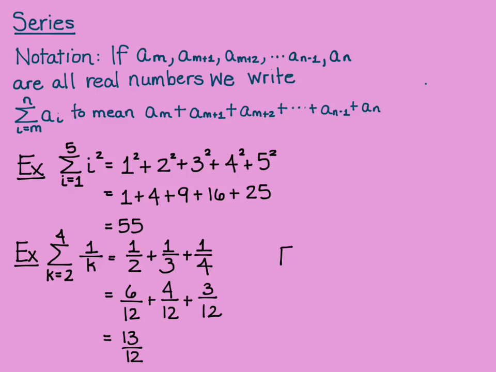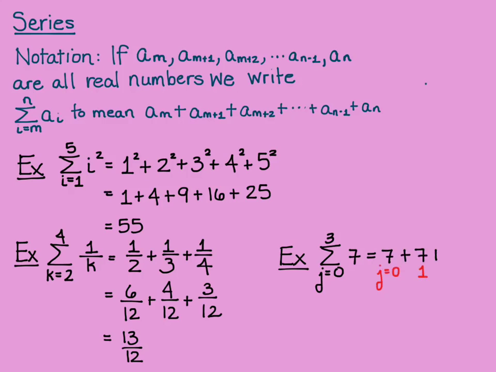Let's look at another example. The sum as j goes from 0 to 3 of 7. Notice that the function in this case is 7. In other words, no matter what I plug in for j, the output is always going to be 7. I'm still going to start j at 0, and keep adding 7 each time until j becomes 3.